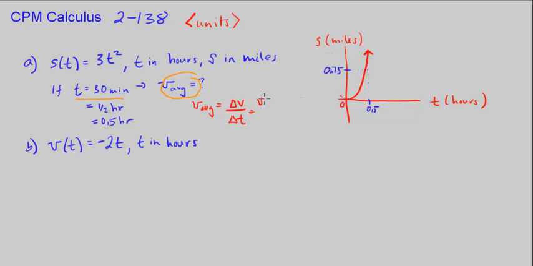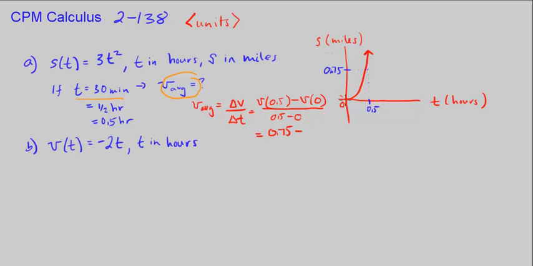So we're looking at the position at time 0.5, minus the position at time 0, and dividing by the delta t. Well, the change goes from 0 hours to 0.5 hours, right? So the value at time half an hour we already saw was 0.75.